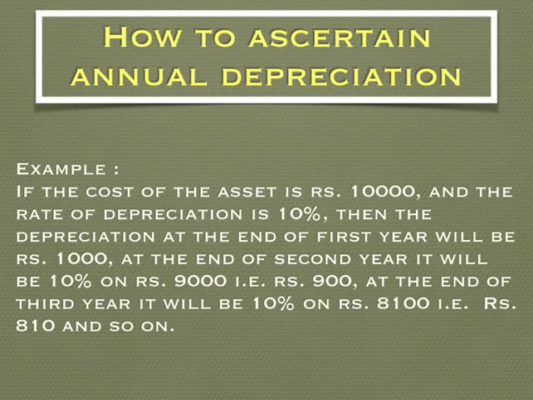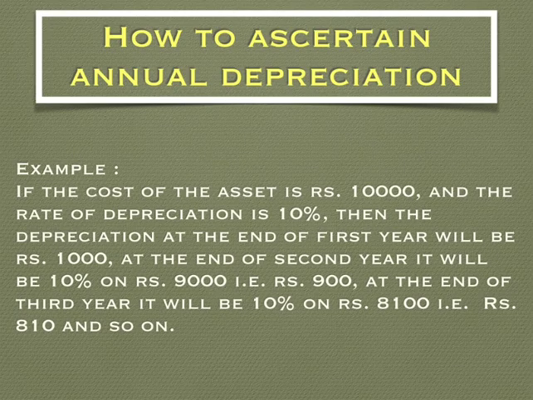If the cost of the asset is rupees 10,000 and the rate of depreciation is 10%, then the depreciation at the end of first year under diminishing balance method will be rupees 1,000, as on rupees 10,000, 10% depreciation comes to 1,000. Now, at the end of second year, it will be 10% on rupees 9,000.